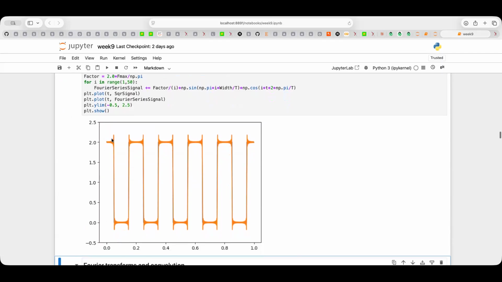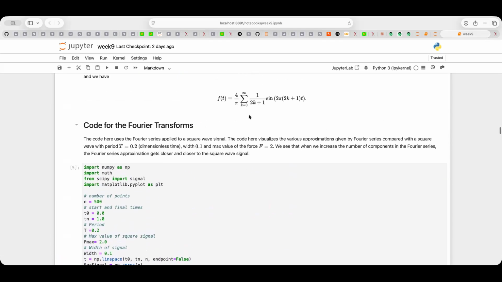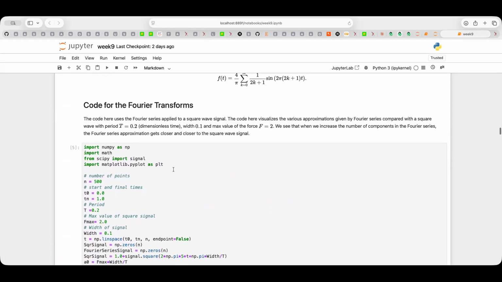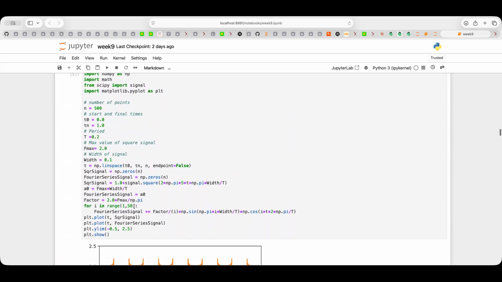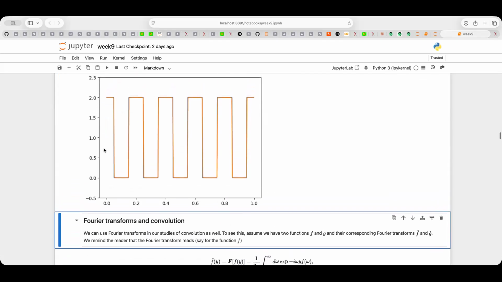At the corners, where the function is discontinuous, we are trying to approximate a discontinuous function with a continuous one. So in principle, if we want a good representation, k has to run over many, many values. If I increase this from 50 to 500, then on the resolution of this scale it looks almost like a square well.